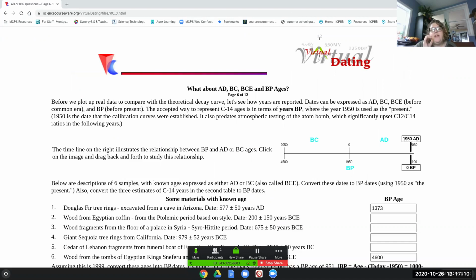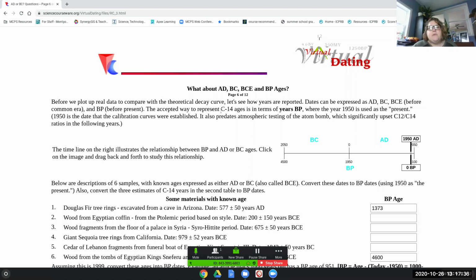Now this page also requires some interaction, but we need to read how to interact with this. So before we plot up real data to compare with the theoretical decay curve, let's see how years are reported. Dates can be expressed as AD, BC, or BCE, before Common Era, and BP, before present.